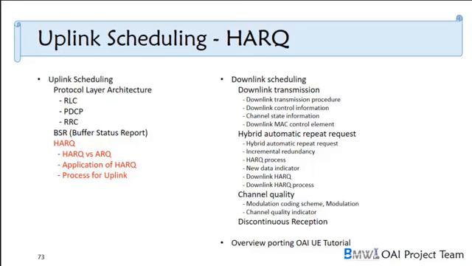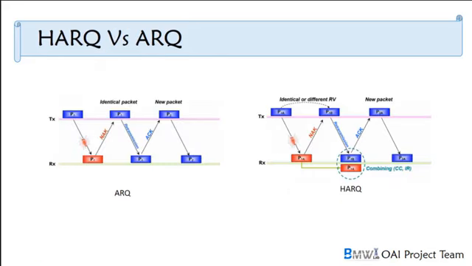So the other part is HARQ and ARQ. ARQ is automatic repeat request, and HARQ is hybrid automatic repeat request. The difference between ARQ and HARQ: the H is the added part to ARQ, so HARQ means there is an addition to ARQ.